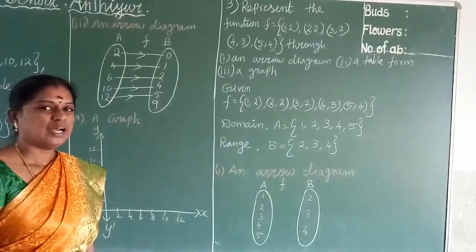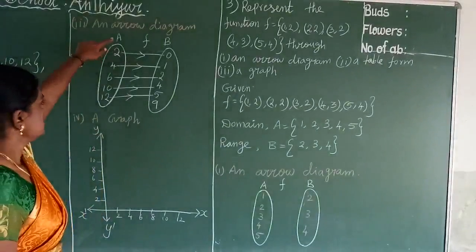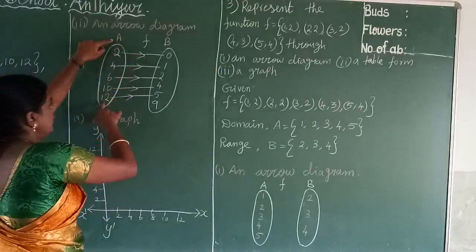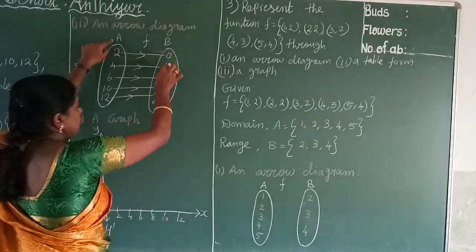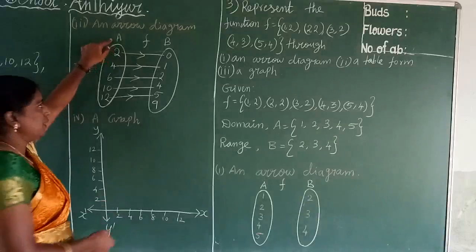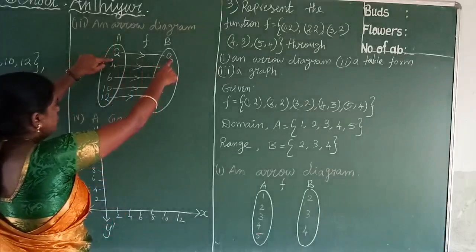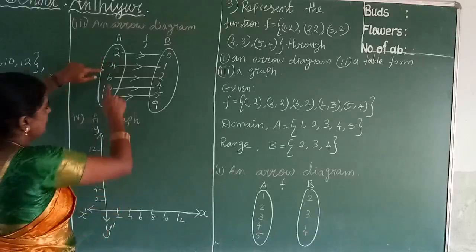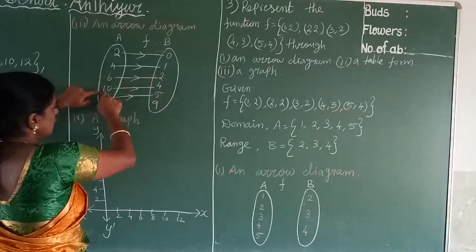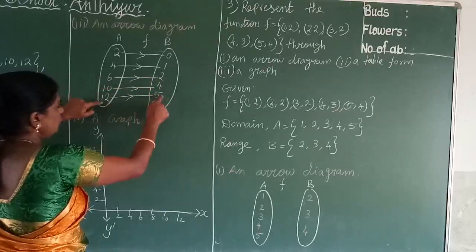Third one, arrow diagram. First you write the domain, A = {2, 4, 6, 10, 12}, and the codomain {0, 1, 2, 4, 5, 9}. Here what are the ordered pairs? 2 to 0, so put the arrow mark. And 4 to 1, 6 to 2, 10 to 4, 12 to 5.